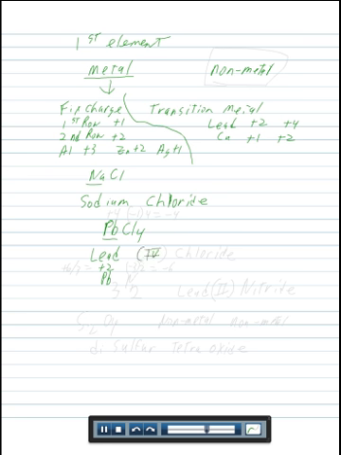To get that Roman numeral, I'm going to look at what it's bonded to. It's bonded to chlorines, which have a -1 charge. There are 4 of them, so it's going to equal a total of -4. The lead has to be opposite of that, so it must be a +4. So in this case, I have lead, Roman numeral 4, not chlorine, but chloride again.